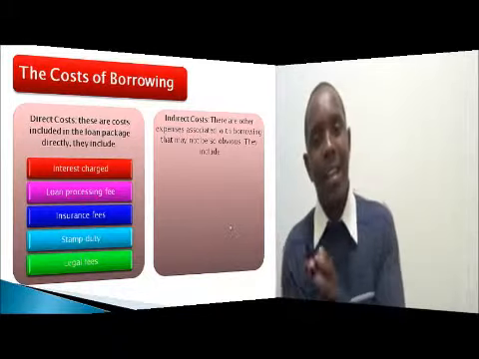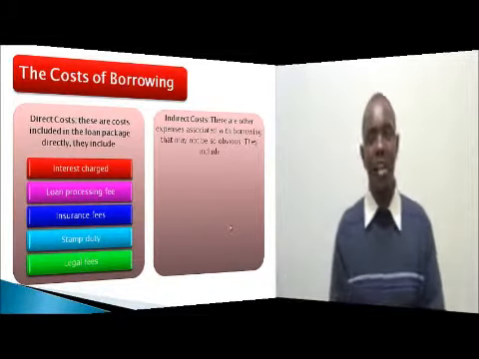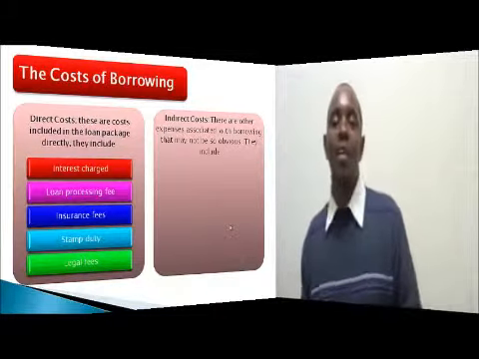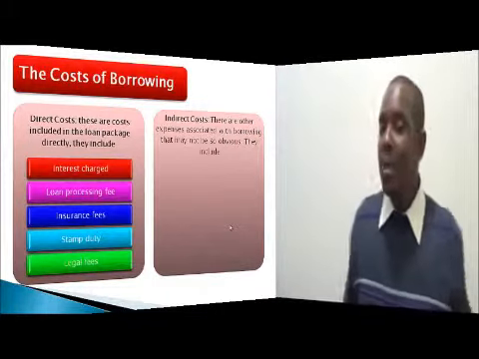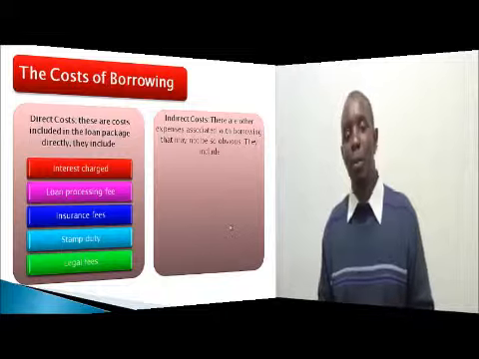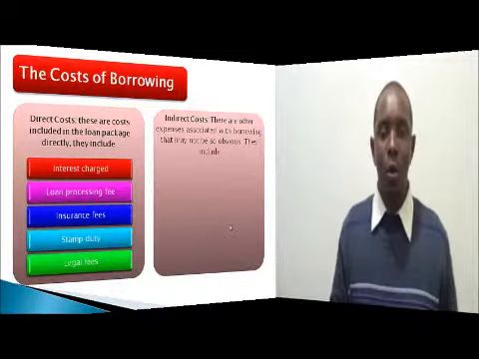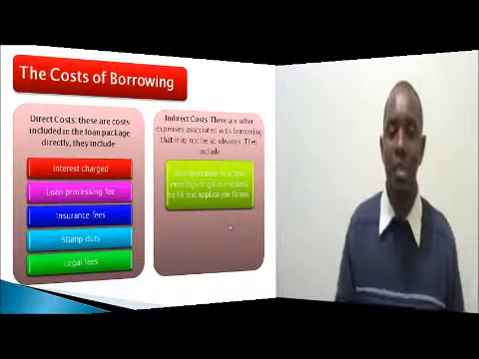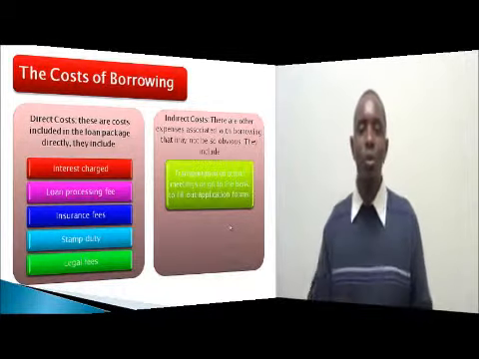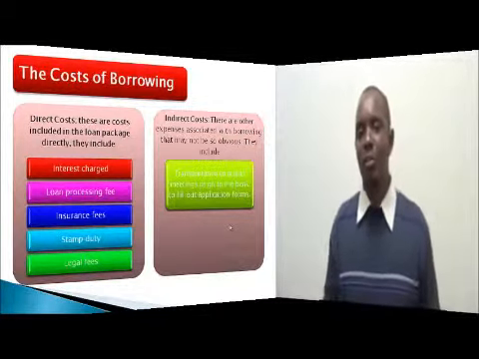Let us look at the indirect costs that come with debt. There are other expenses associated with borrowing that may not be so obvious, and they include transportation to attend meetings or to go to the bank and fill in application forms.